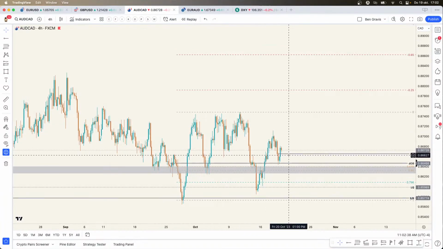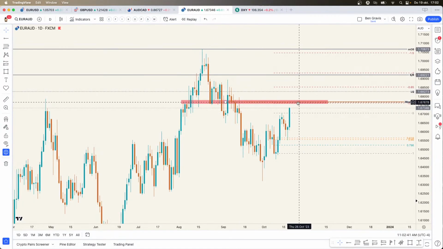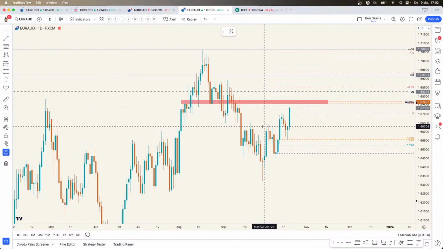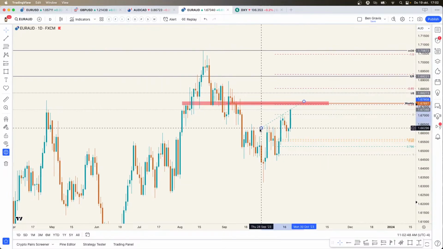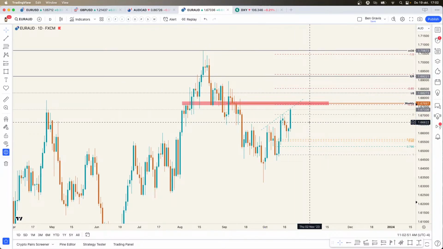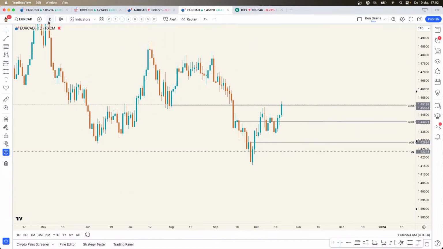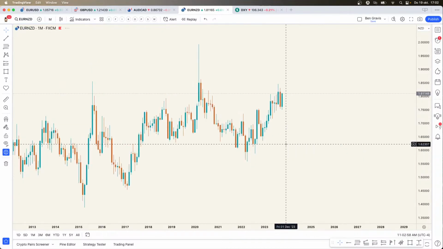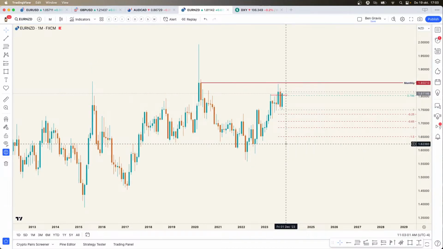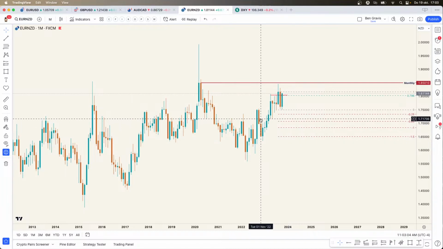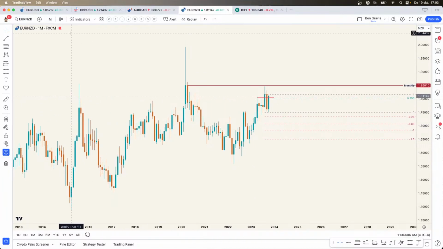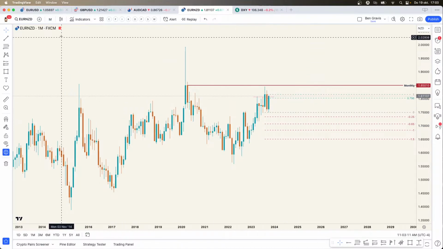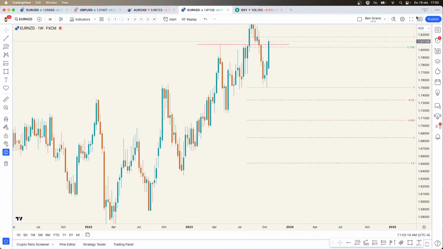And that would be great if Australian dollar could gain more strength when it hits that level for a move lower. Yeah, I was looking at Euro NZD.